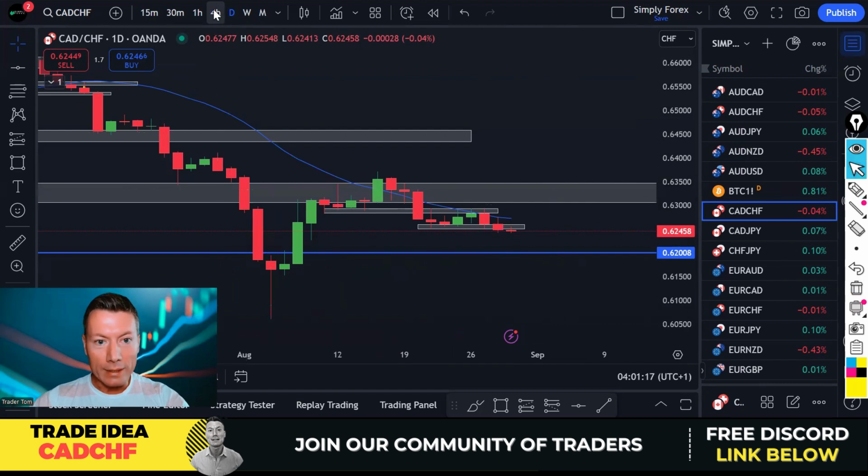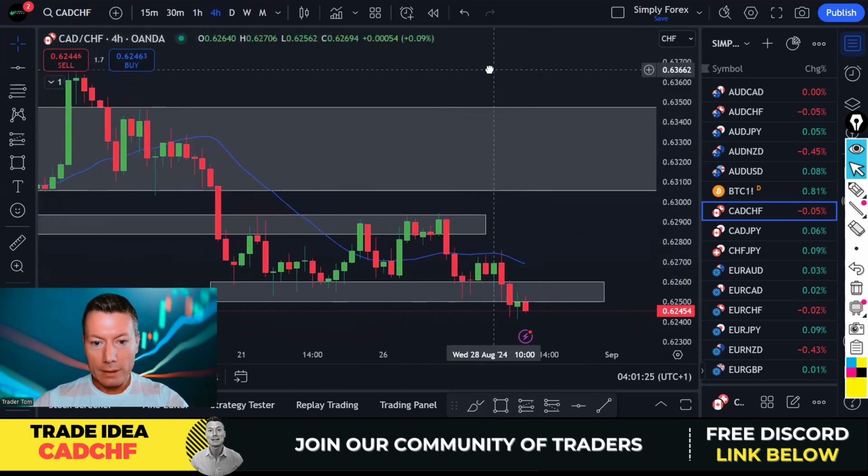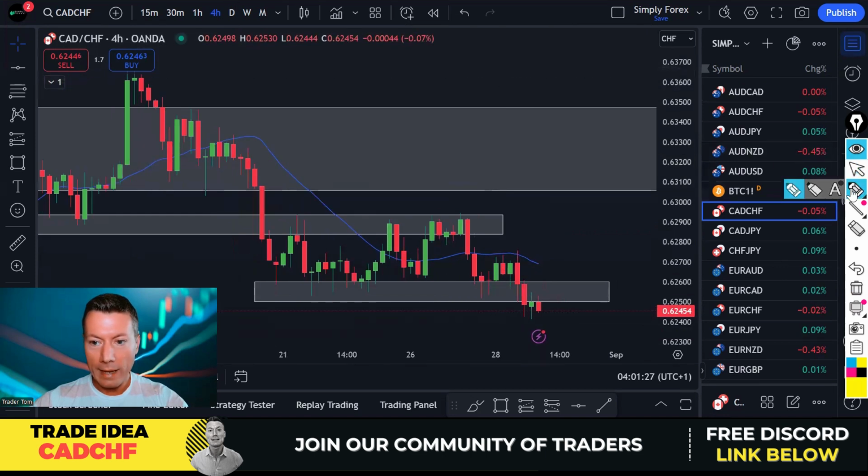If we drop down to the H4 now, so daily is always the direction, and then H4 is my entry pretty much. All I've done, guys, is this. We've had the break of these lows right through here. You can see that this candle right here broke all of those lows, the body of the candle.